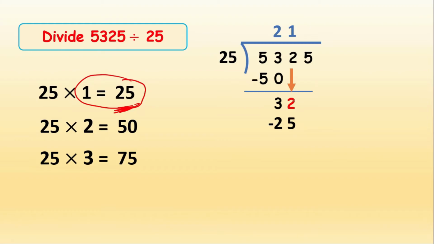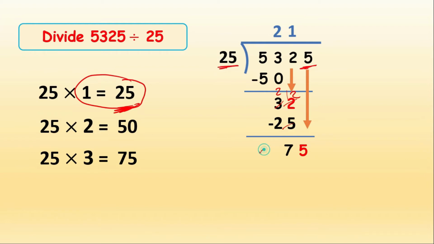Now subtract: 2 minus 5 can't be, so borrow 1 to be 12. 12 minus 5 equals 7, and 3 changed to be 2. 2 minus 2 equals 0. Okay, we have finished subtraction. Then the next step: drop the next digit, which is 5. We drop it here and it becomes 75. 75 divided by 25.